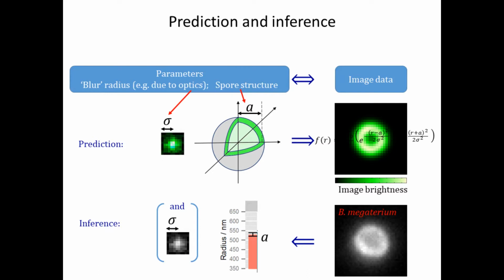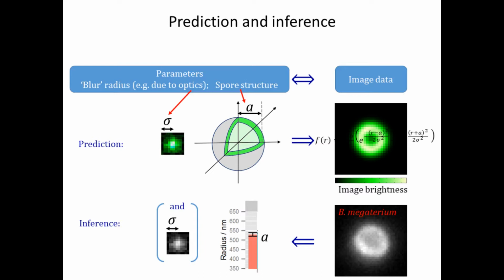For example, in the physics of a microscope, you might have an equation relating the structure of some object that you want to look at, so the physical parameters, with the image data which you observe. Let's think about a spherical fluorescent shell which just has one parameter, a radius a, describing the object. And there's a second parameter, a blur radius sigma, describing the microscope.